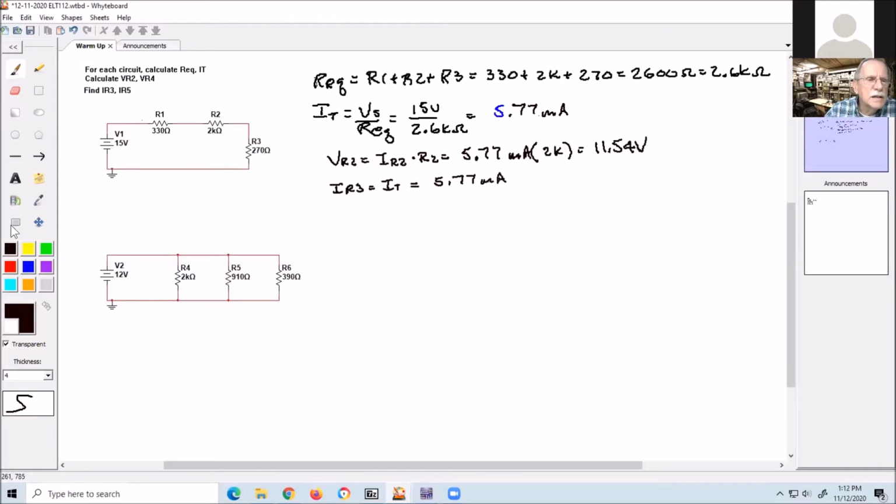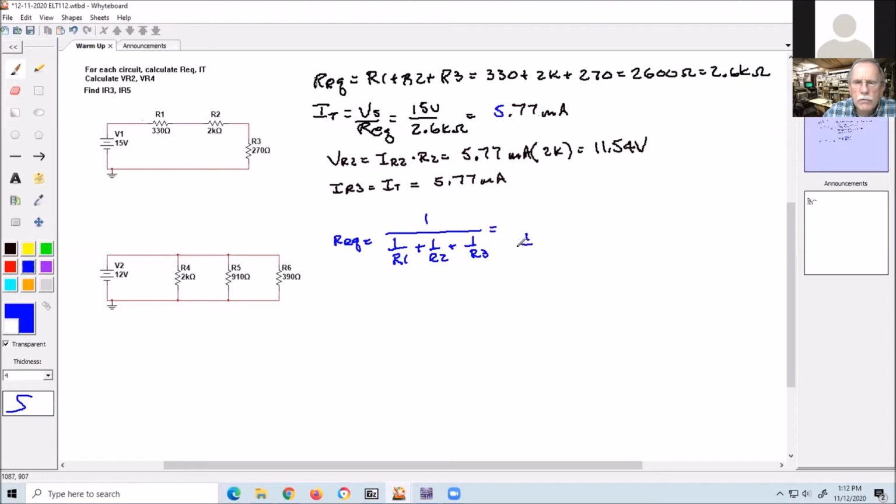If we look at the second circuit, the REQ, since it's a parallel circuit, it's 1 over R1 plus 1 over R2 plus 1 over R3. And we take the reciprocal of that whole mess.